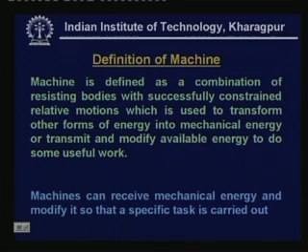Now, here you can see that we have defined in this second paragraph, the machines can receive mechanical energy and modify it so that a specific task is carried out.